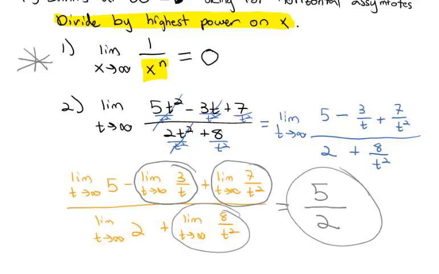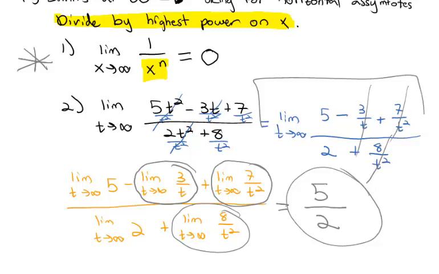The long-term behavior of this fraction is 5 halves. As the variable gets closer and closer to infinity, the function's going to get closer and closer to 5 halves. Now, I won't make you show all this work. What a lot of people do is they stop at this blue line up here and they say, well, gee, the 3 over t, the 7 over t squared, the 8 over t squared, those are all going to go to 0, and so we're just left with 5 halves.